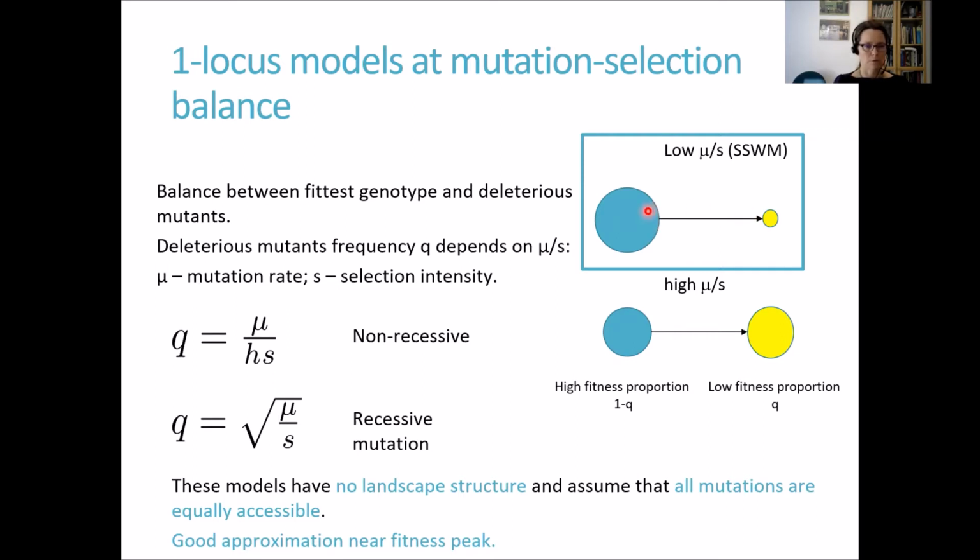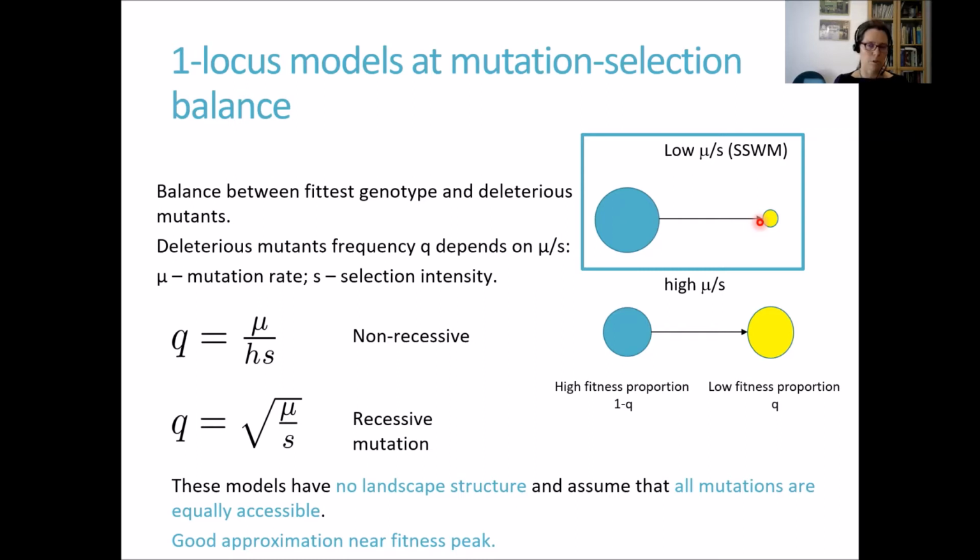If q is the proportion of the mutants and 1 minus q of the fittest genotype, then the relative proportion of the deleterious mutants simply depends on the ratio between the mutation rate mu and the selection against those mutants s.